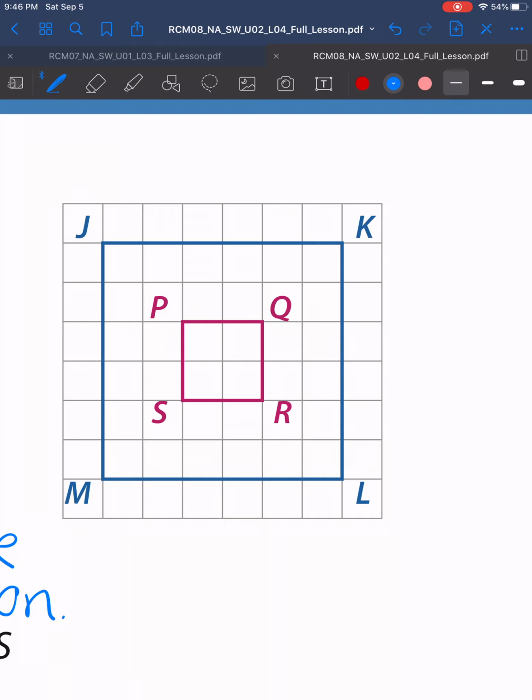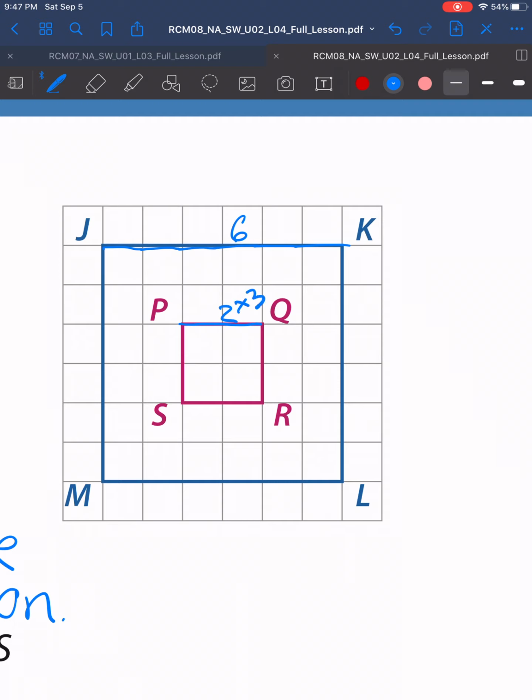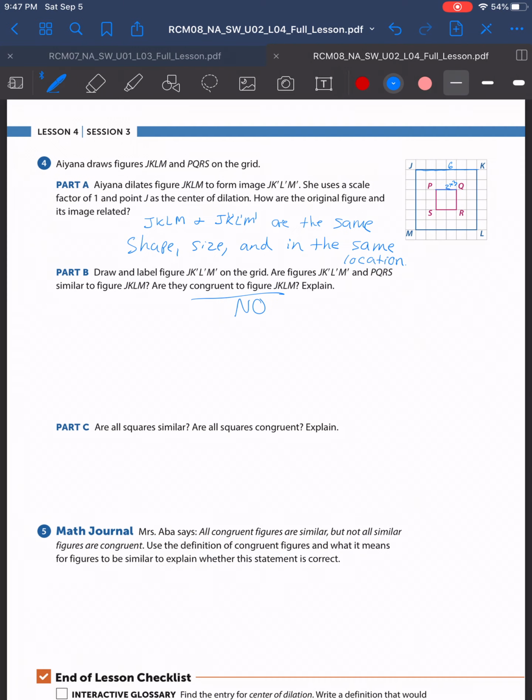What's the scale factor here? This is a 2 and this is a 1, 2, 3, 4, 5, 6. What did it grow by? A 3? So I could say it grew by 3, right? So the scale factor is a 3. And then did all the sides grow by 3? Yes, it's a perfect square, right? So are they similar? Yes.